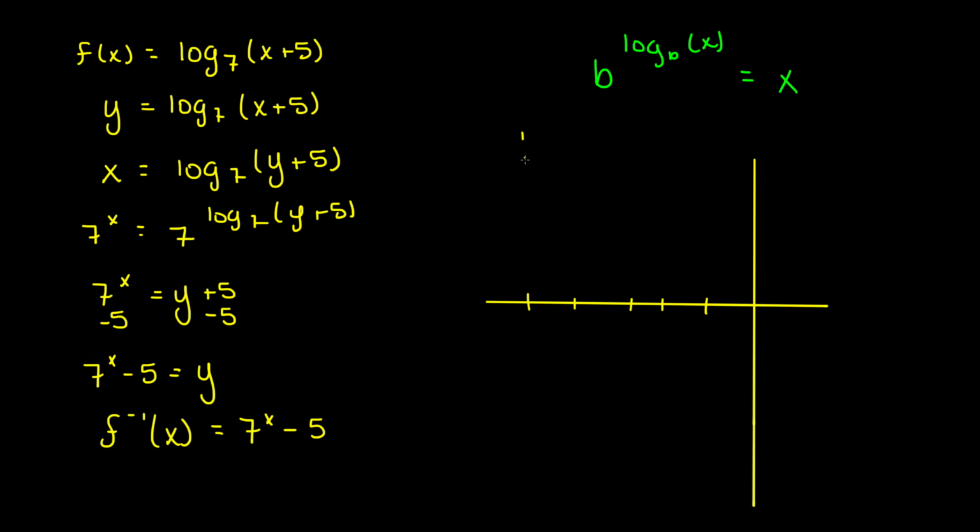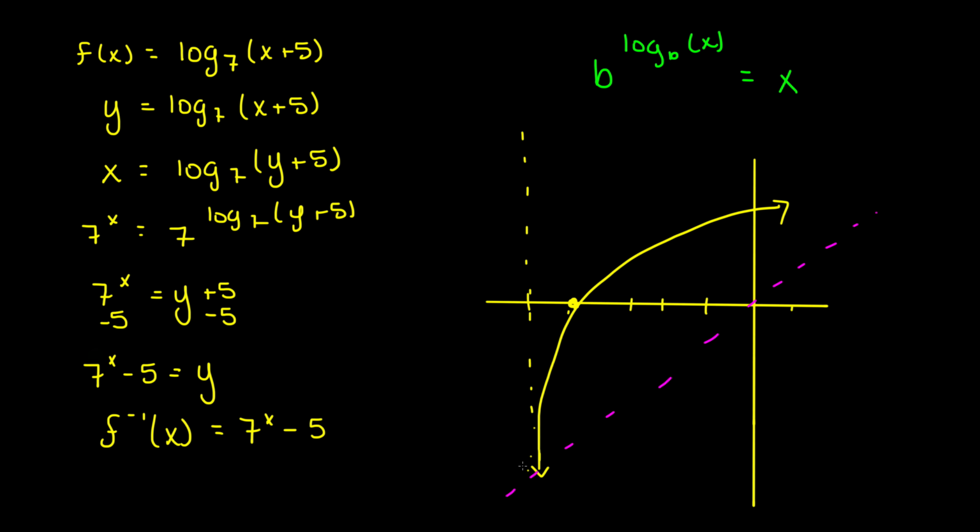So this is now my vertical asymptote, which means this point moves back 5 here, and this comes up and over like that. And my inverse function, again, we're going across this line.